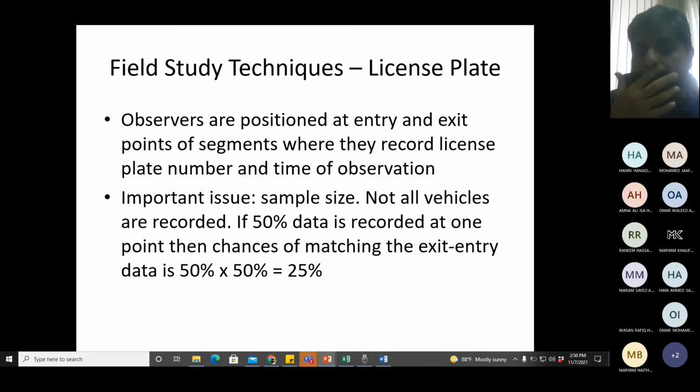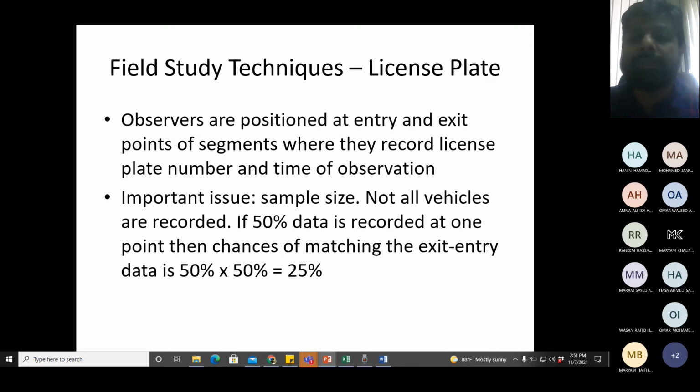Okay, so one observer may record 1,000 vehicles and in the end only 100 are matching. This can happen. Okay, even if you have very good observers and these observers are recording up to 50% data. So 1,000 vehicles pass and they are recording 500 vehicles out of them. This is a very good rate. Normal observers cannot do more than 20%. But even if, let's say, they are going to the extreme, they are doing 50%.